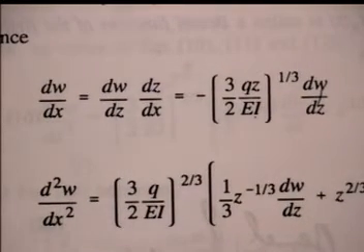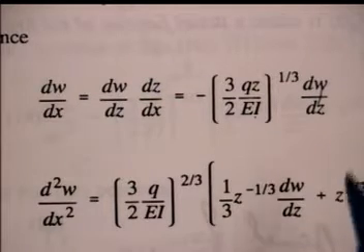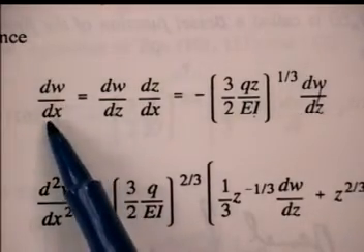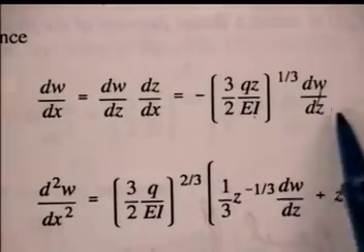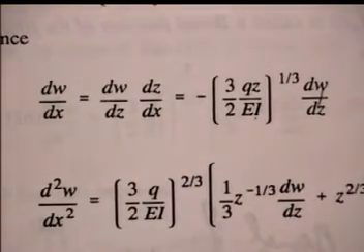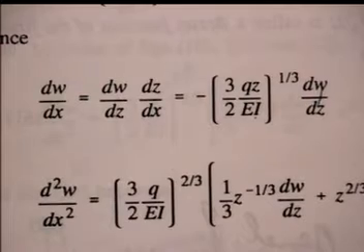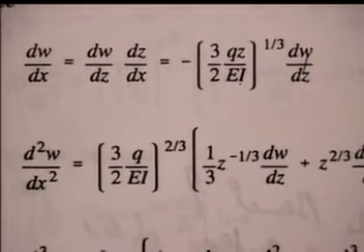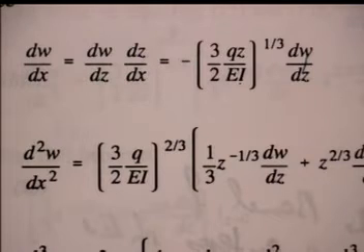Okay? So we evaluated the first derivative of w. Look, please. W now is a function of z, and the first derivative with respect to x should be rewritten in this form. And it depends upon z. Now we would like to evaluate additional derivative, d2w dx square.